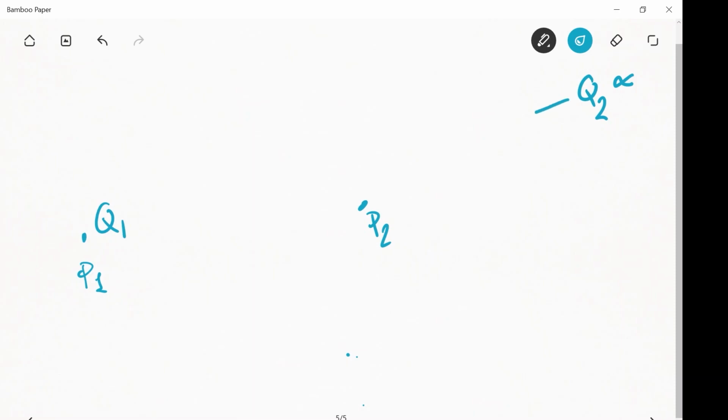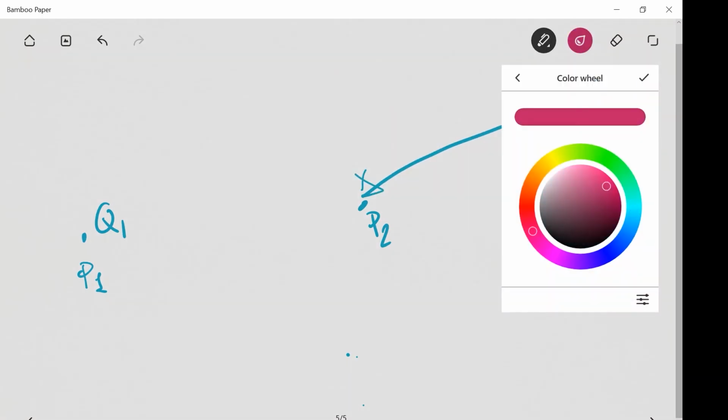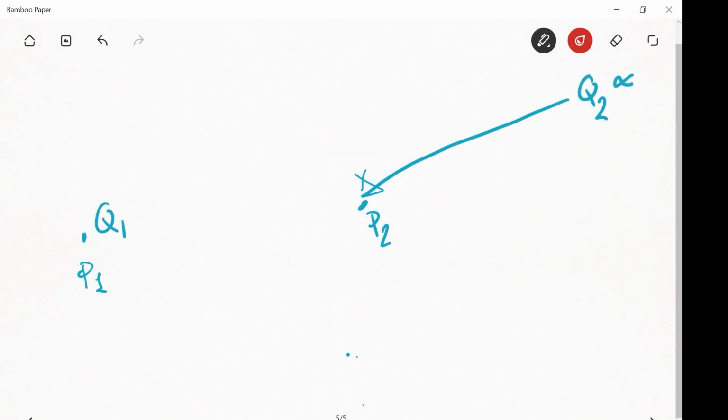So I need to move Q2 to point P2. Now I have an electric field produced by Q1. The electric field produces the potential. So at point P2, there's a potential produced by Q1.